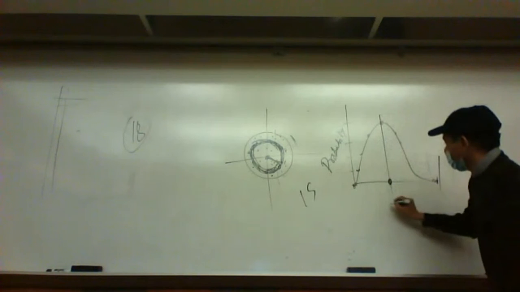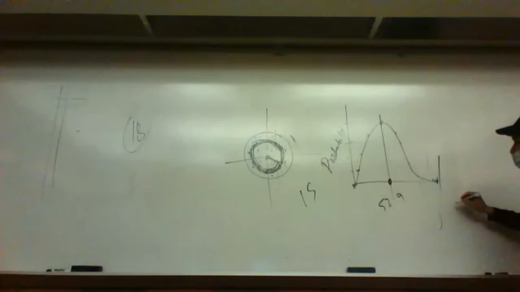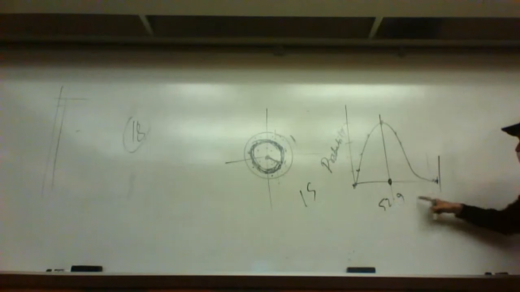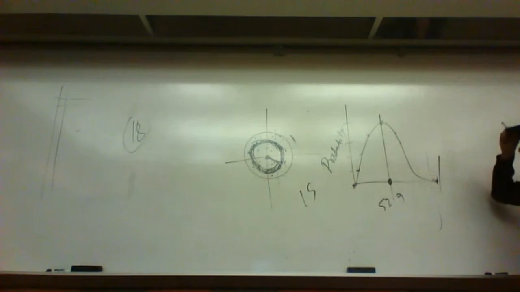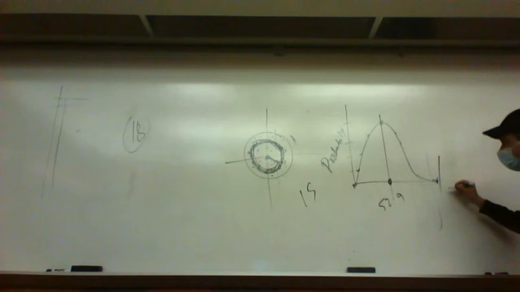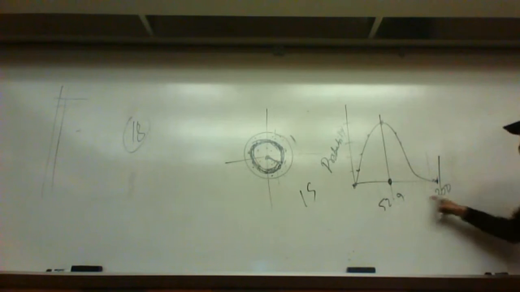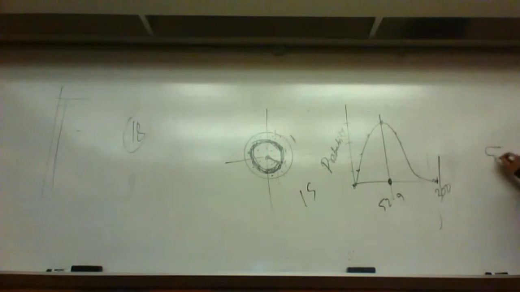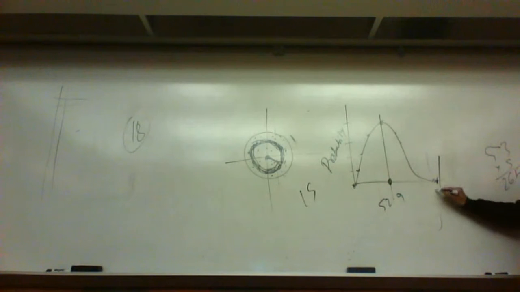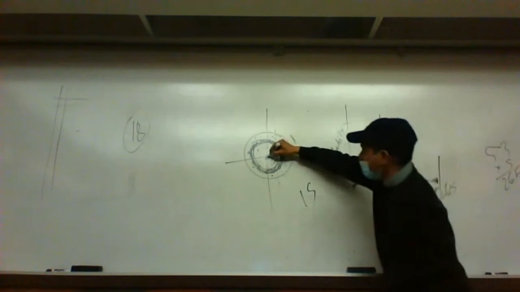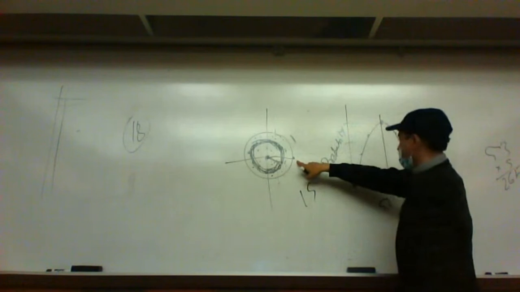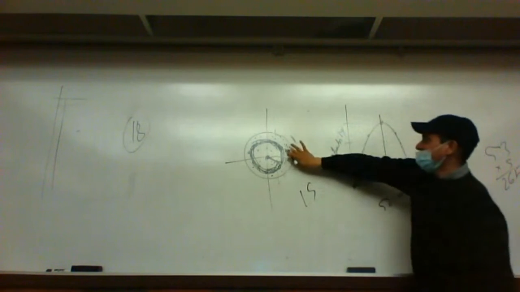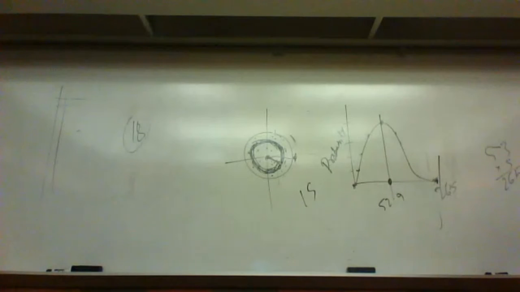You can find the electron maximum at 52.9 picometers, and if you multiply this number by 5, about 53 multiplied by 5, it comes to about 265 picometers. From here to here is 265 picometers. You cannot find the electron outside of that. Make sense? So that's what it is saying.